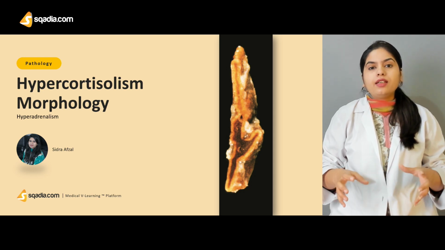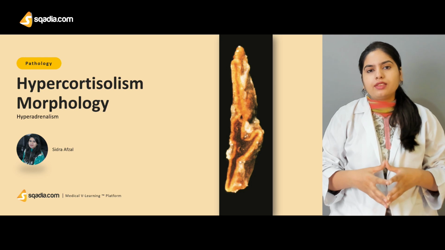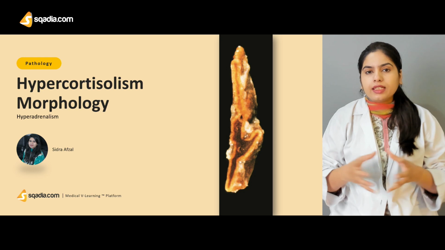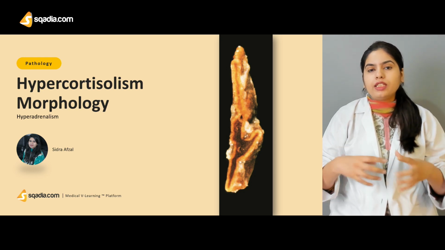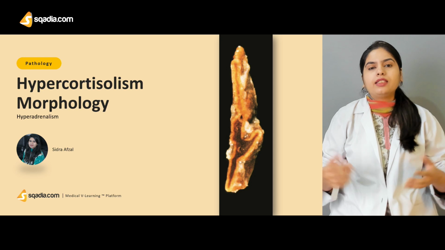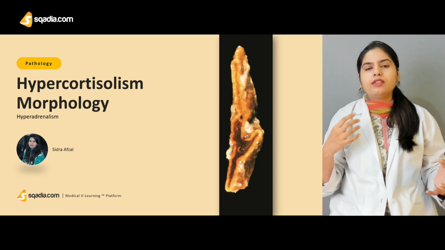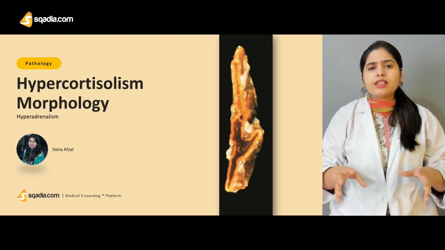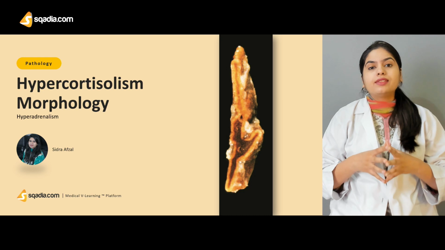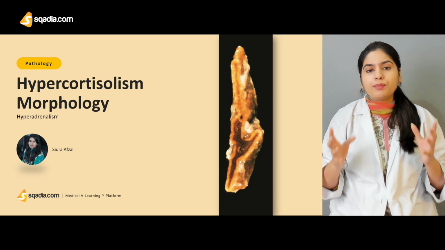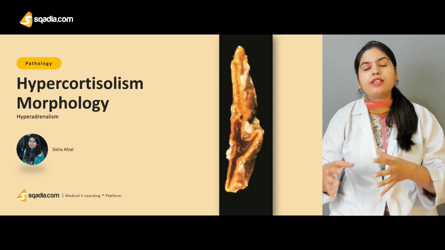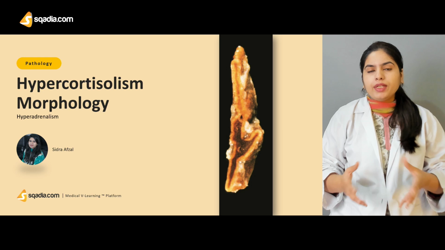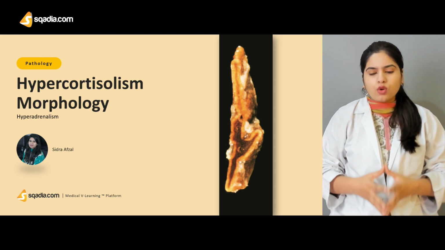Now, taking into consideration that the cell's shape and structure are changing, and the components inside the cells, like the lipid, are changing as well, we can say that there are obviously some morphological changes specifically associated with hypercortisolism. Among these, hyperplasia and atrophy are the most common.